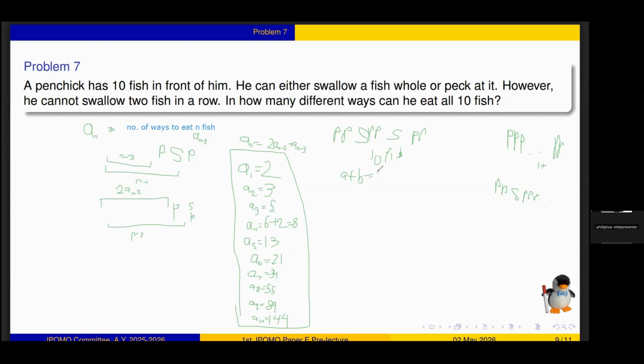So a plus b is equal to 8, or basically there are 8 plus 2 minus 1 choose 2 minus 1, or in other words 9 choose 1 ways, or 9 ways. I think yeah, it works.